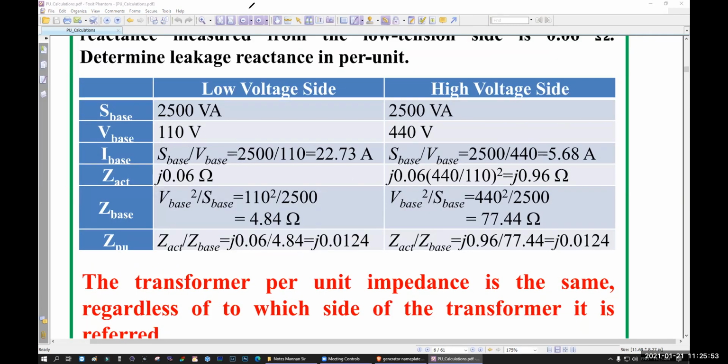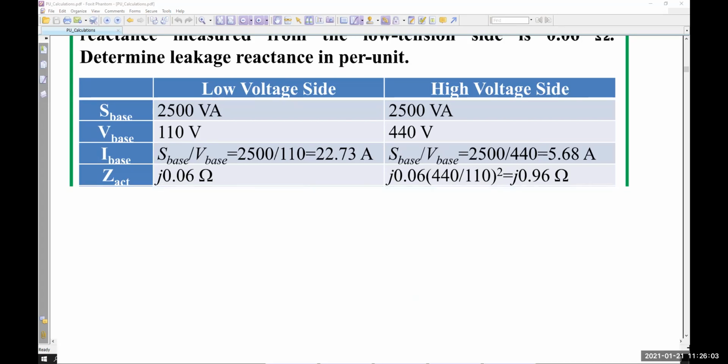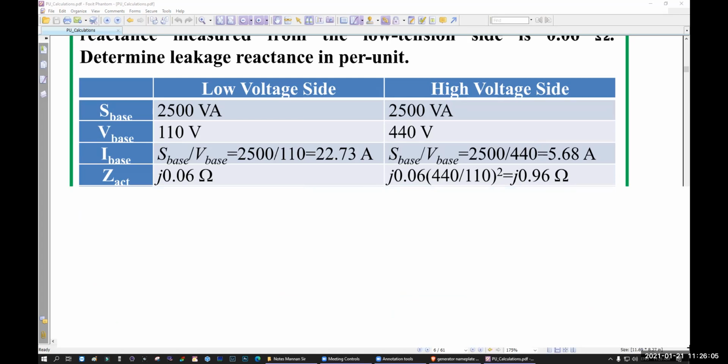See, all of you write this. All of you write it in your answer script.